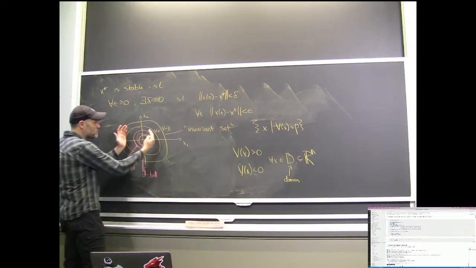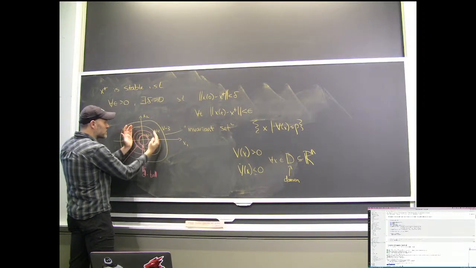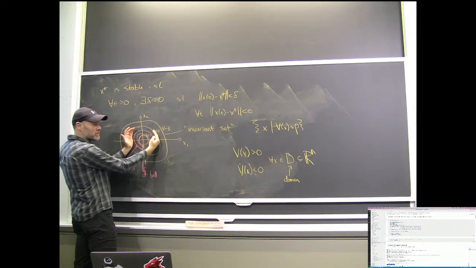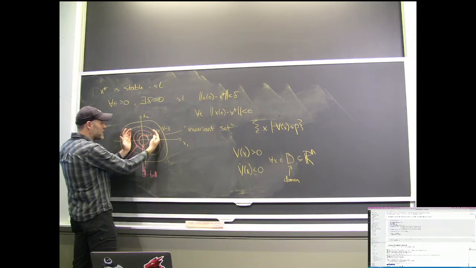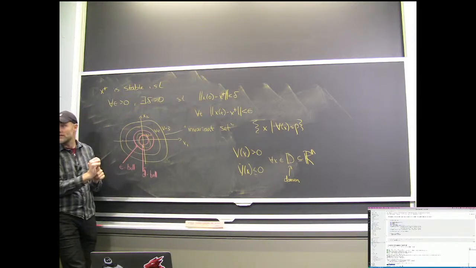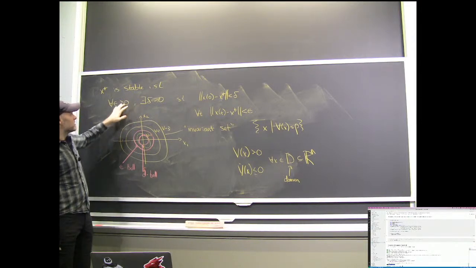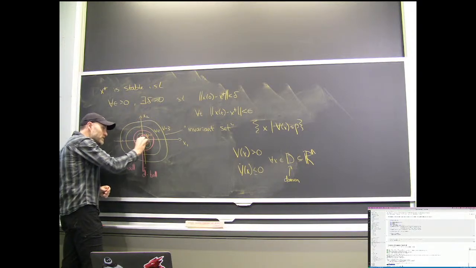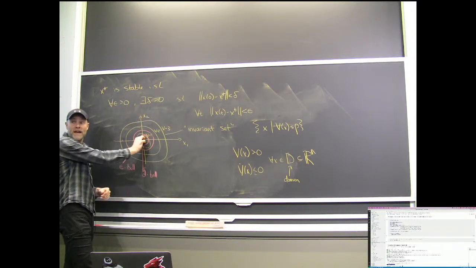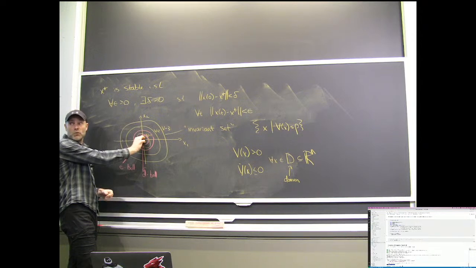If I could prove to you that those conditions held just in some region D, as long as it contains the origin and has finite volume, then I can say something about the local stability, because epsilons and deltas are small. So if I only certified the properties in a little region, I could still say that that fixed point is locally stable.